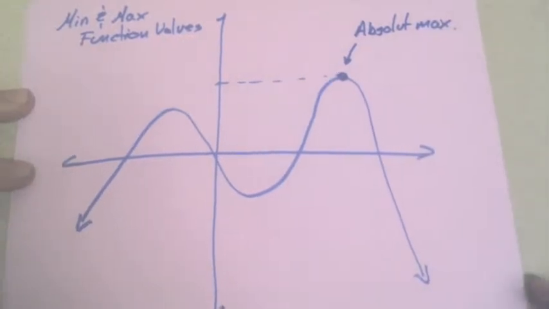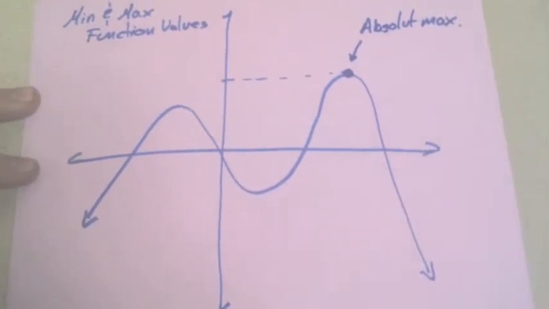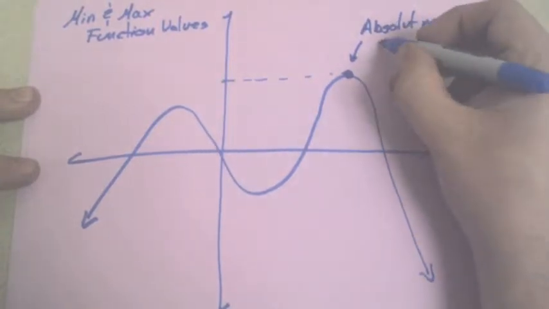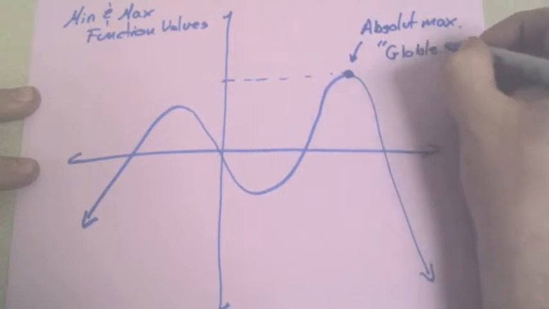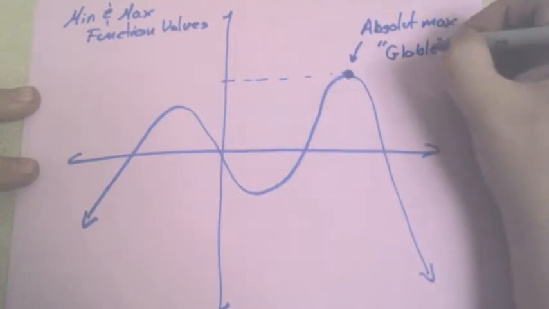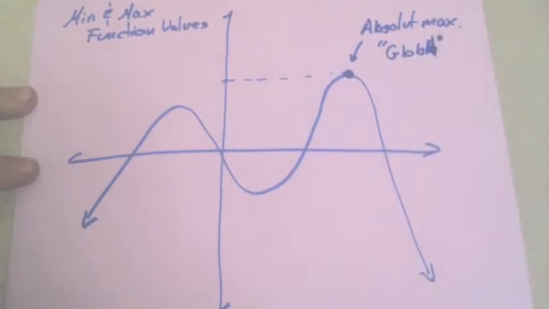Because it is absolutely the maximum value for any other point on that graph. Sometimes you'll hear it referred to as global max, because it's globally, for all of the values, the maximum.